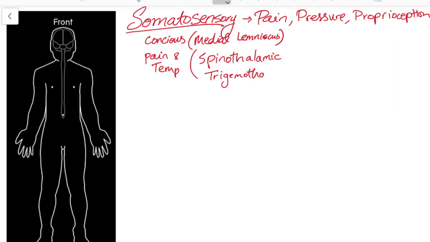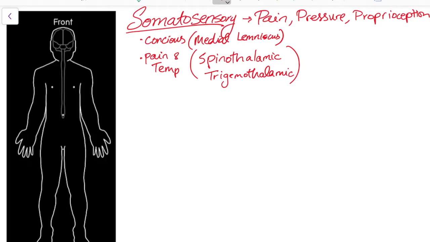So this is just an overview I wanted to do. We will talk about all different types of pain, temperature, pressure, and how it flows up the body. This is related to sensory receptors.